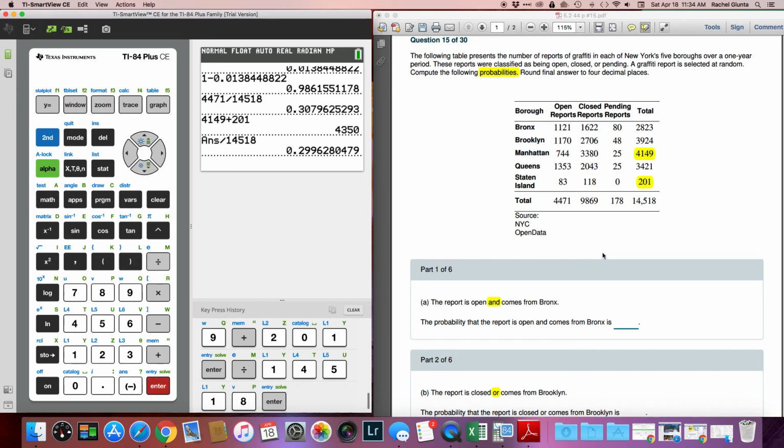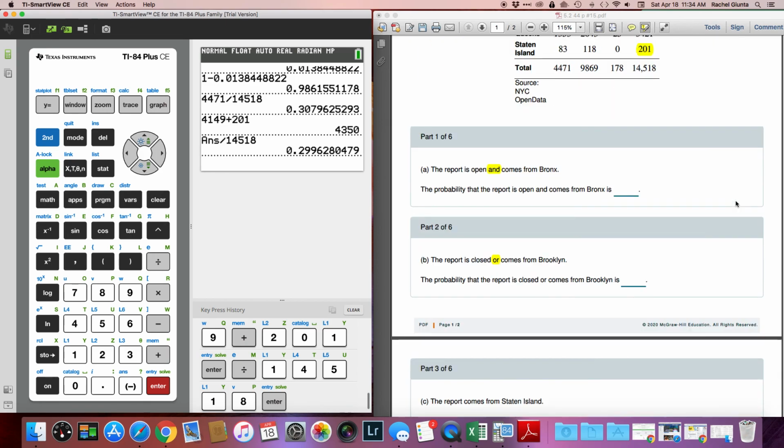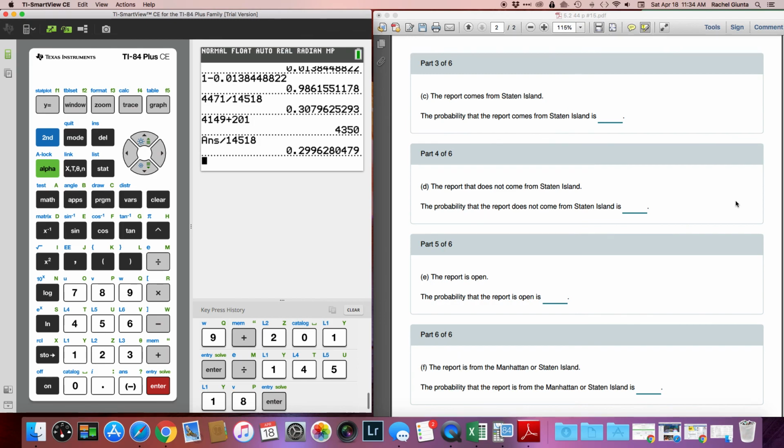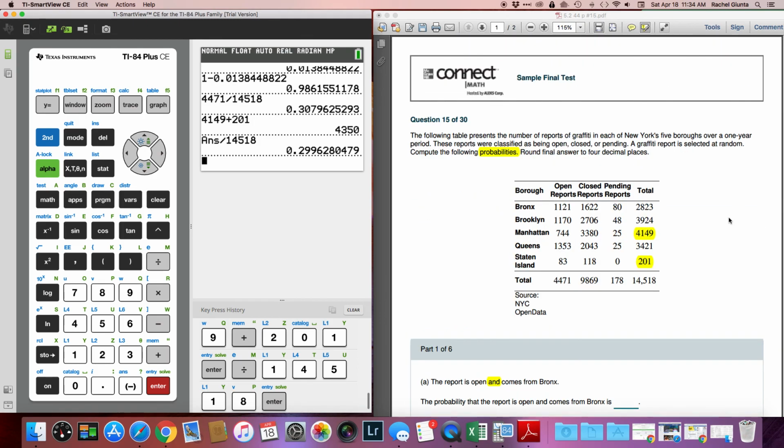Even though the or is in there, we don't have to subtract anything, because those two don't intersect anywhere. There's no numbers being counted in both categories. So the answer is just 0.2996. Those are a lot of parts to this one, but they're very similar in terms of how you actually calculate them.